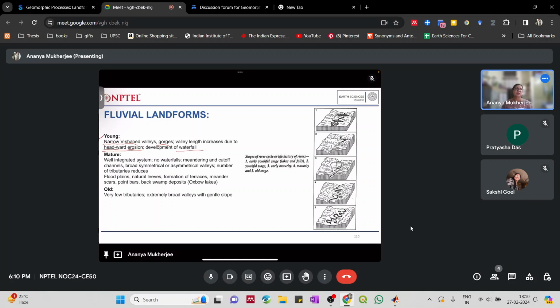The significant feature formed during the mature stage is the different kinds of drainage basins. Based on that, the kind of channels that form and the amount of area covered by the river systems also depend on it. So you have a well integrated system, and mostly this relates to the drainage systems that are formed.